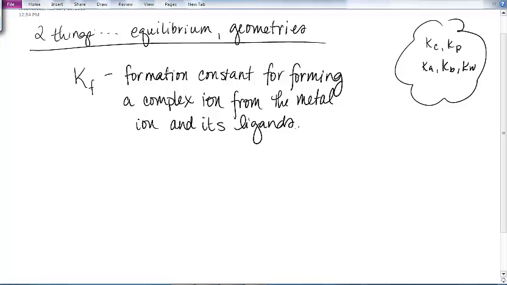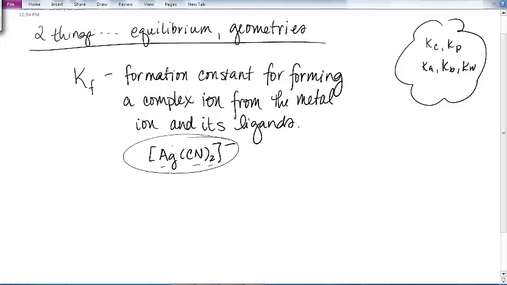So the equilibrium that we're talking about here is, for example, if we were interested in this particular complex ion, you might ask yourself, do I know what the name of that is? So dicyano silver 1, although you don't really need to say the 1 with silver because it's always 1.